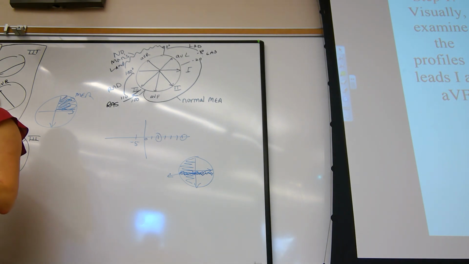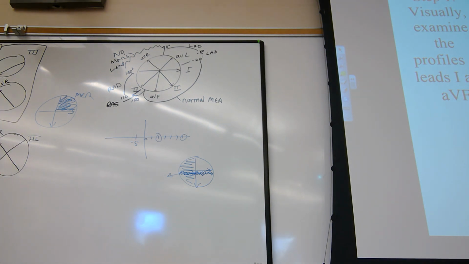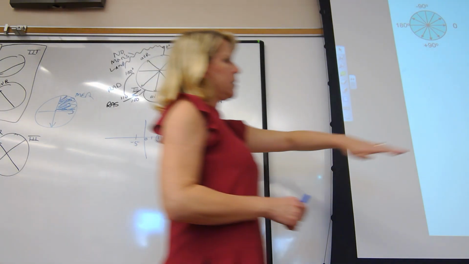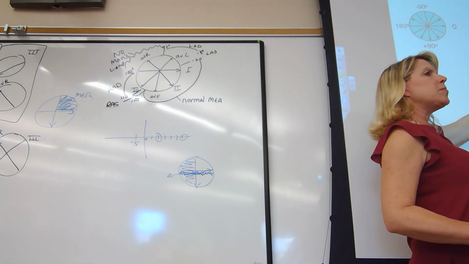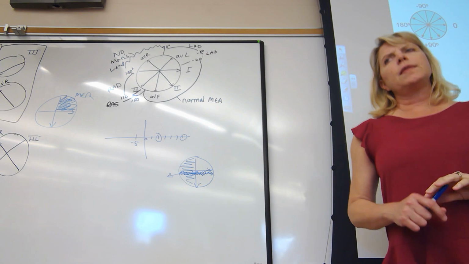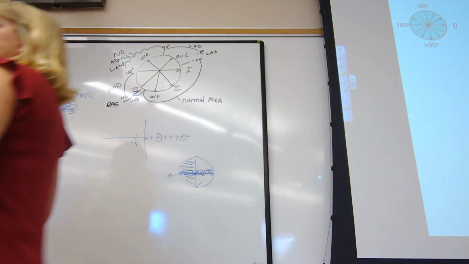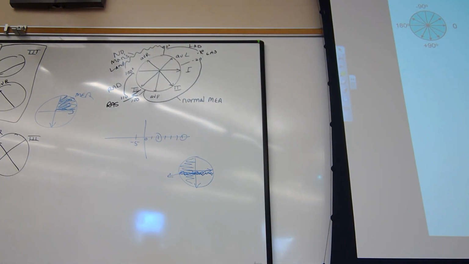So you can actually use your qualitative terms and shade it appropriately and have a way to distinguish where your MEA would point. And this would be a right axial deviation.